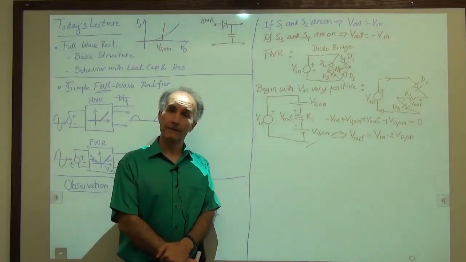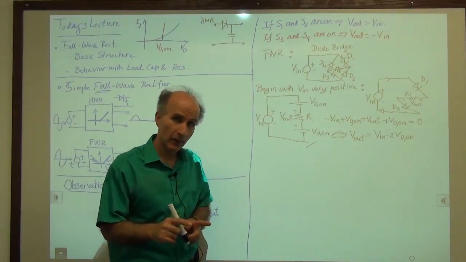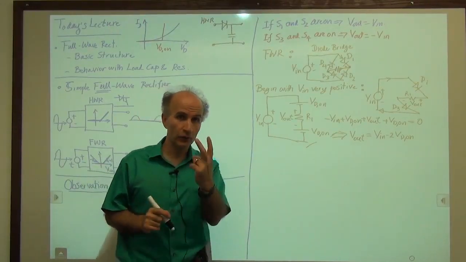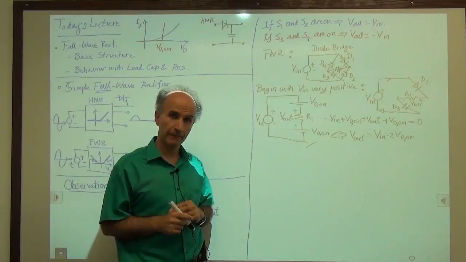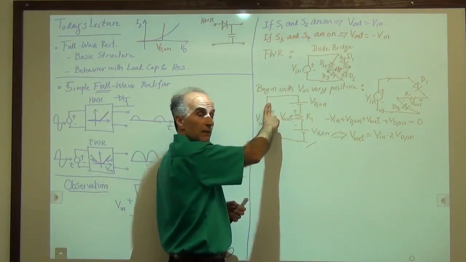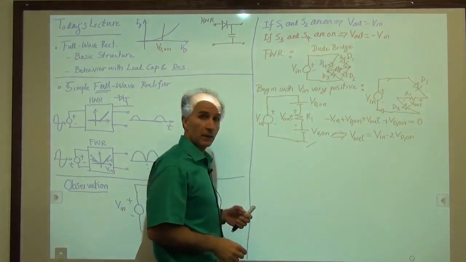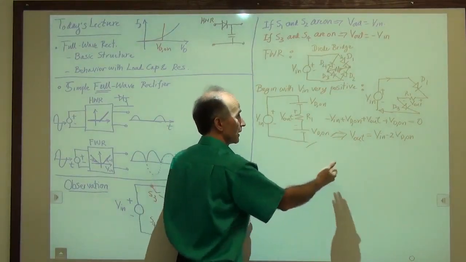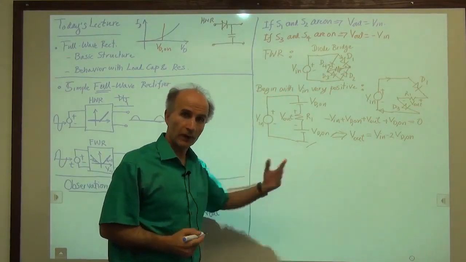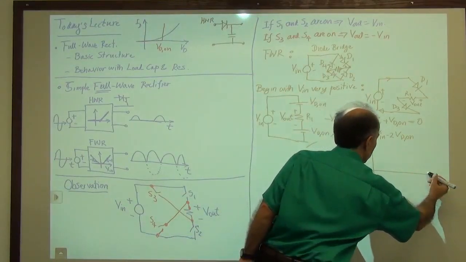So that's very simple. It says that when these two diodes are on, the output is tracking the input, but there's a difference of 2 diode drops between them. And that makes sense because this voltage source is followed by 2 other voltage sources. So the net result that comes available to R1 is 2 diode drops less than Vin. So if you draw this behavior, that's what we get so far.